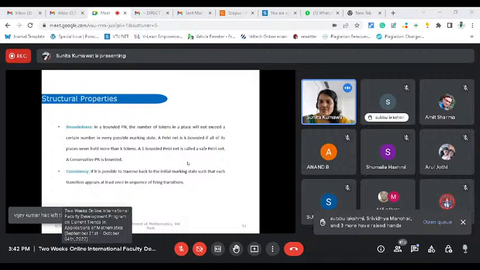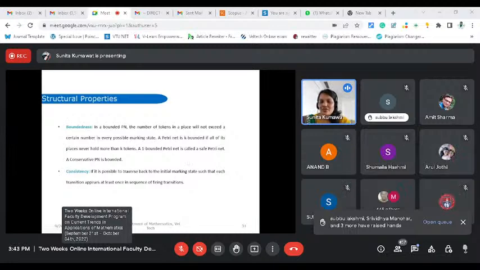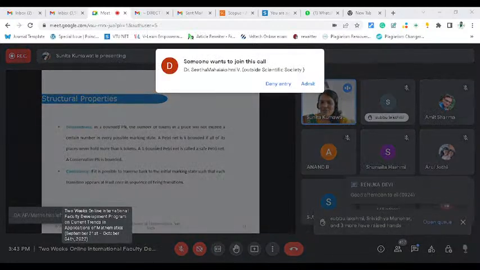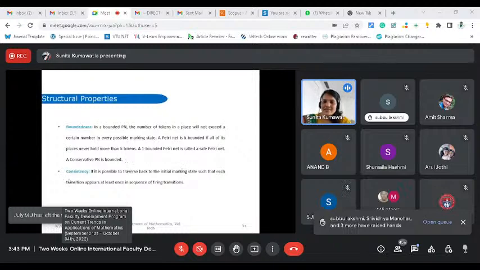As the processes go on, the state is always changing. So we have to check whether it remains bounded after a certain number of stages. The number of tokens may accumulate, but it should be bounded, never going to infinity.